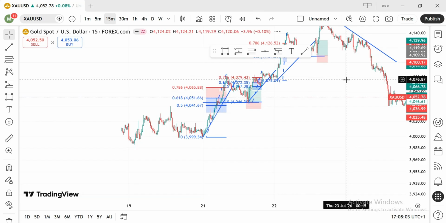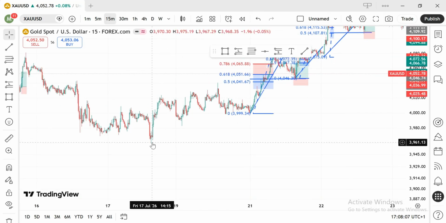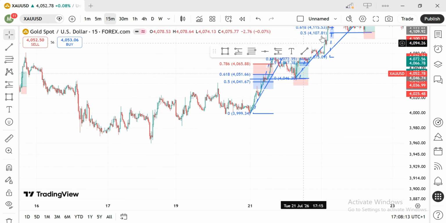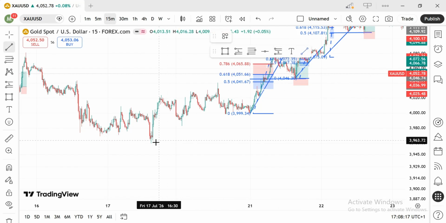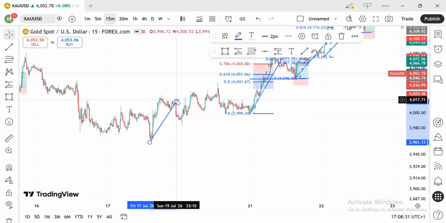If we should go down and continue the strategy, okay, let's take it from here. Let's try it from here again. So let me just take a trend line to this is the pullback. Yes, this is the pullback, and this is the point of the breakout.